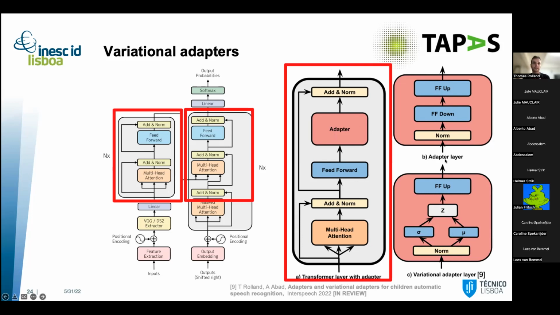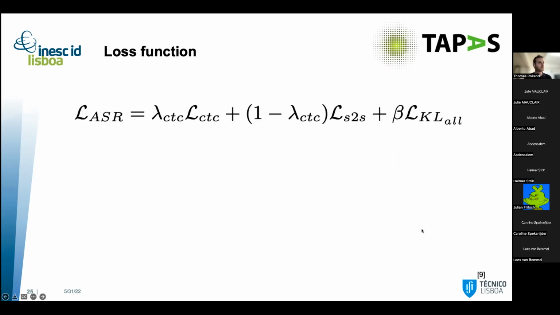The idea is that, instead of directly doing fully connected up and decoding the bottleneck, we consider this as the mean, and then we have this as the variance, and we sample conditioned by the mean and the variance, and then we reconstruct. By doing that, we hope that this term is going to capture where the variabilities in children's speech are. Okay, I'm a bit over time, so I'm going to skip the loss function, but mostly when we do variational, we just have a KL divergence term.